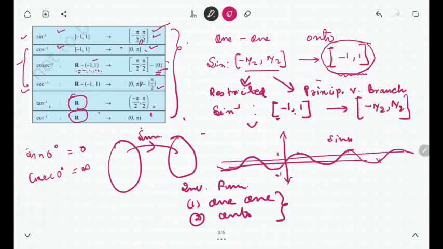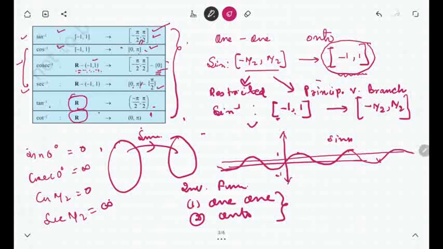So from the inverse, these points are vanished. And sec's codomain is 0 to pi closed, but not pi by 2. Why? Because cos pi by 2 is 0 and sec pi by 2's value is not defined. So you learn like this.